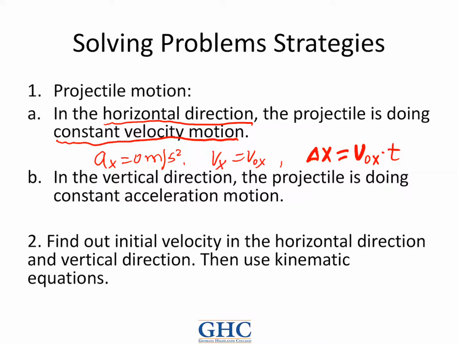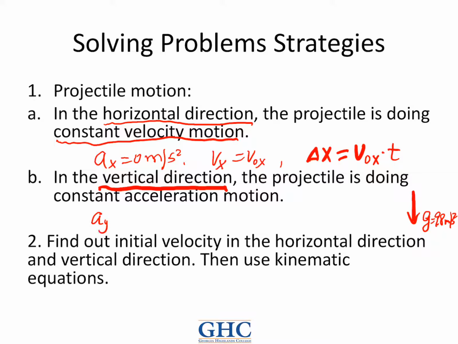Now, on the other hand, in the vertical direction, because of the influence of gravity, the projectile always has an acceleration pointing down, which equals g, which on the surface of Earth is 9.8 meters per second squared, and it's always pointing down.